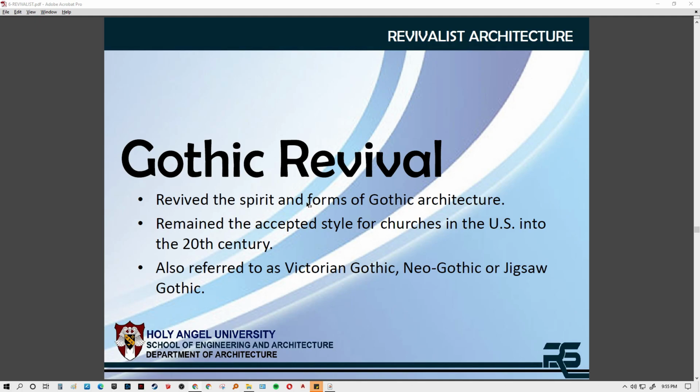Then we have the Gothic revival, which is reviving the Gothic architecture, and mostly used in the US in the 20th century, and in the Philippines as well. It is also referred to as Victorian Gothic, Neo-Gothic, and Jigsaw Gothic.